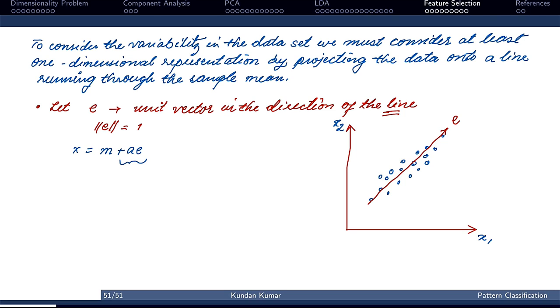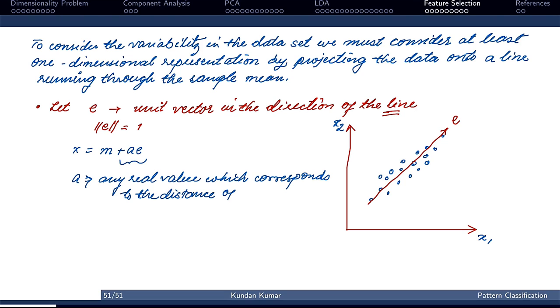Now we introduce the variation, where a is any real value which corresponds to the distance of any point x from the mean m.